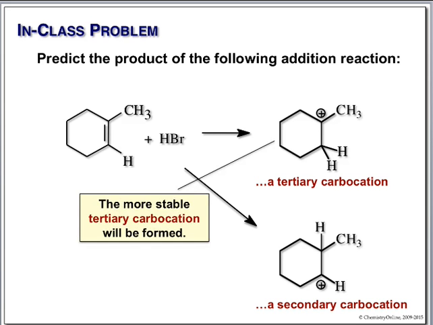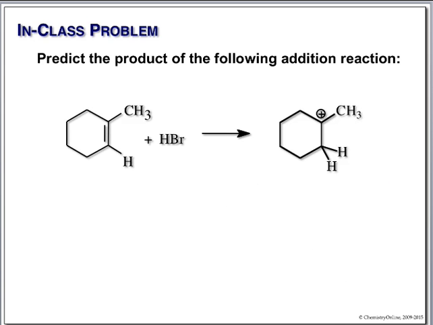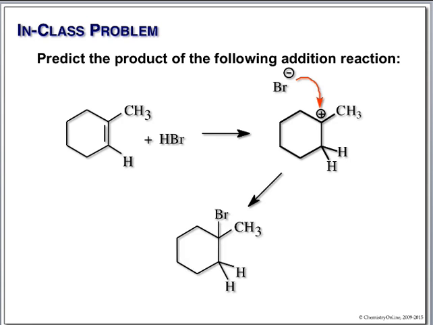If you want to do the Markovnikov rule, this guy had 1 hydrogen, now it has 2. Next step, we're going to simply take our halogen, that's bromine anion. It's going to attack the carbocation. And this is our final product, 1-bromo-1-methylcyclohexane.